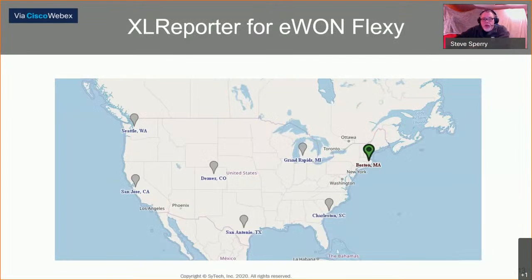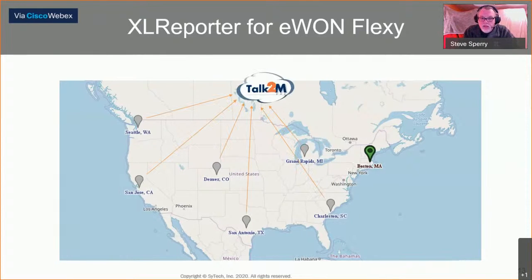And then in terms of remote application, think, if you will, having equipment or assets across the country, and you want to collect that information to a single location and then report on that. So the intention here would be to use Flexys at each location that would all then aggregate up to the Talk2M cloud platform.